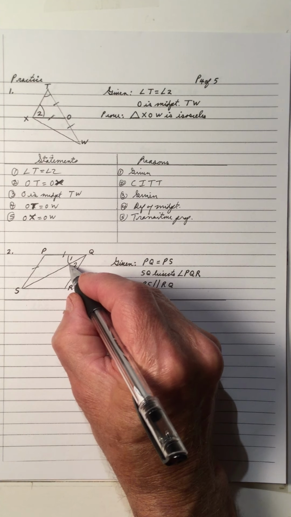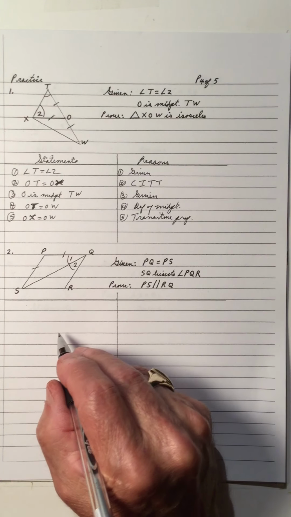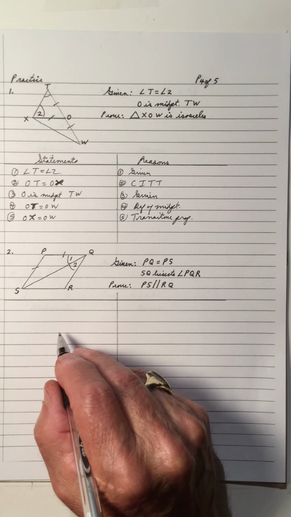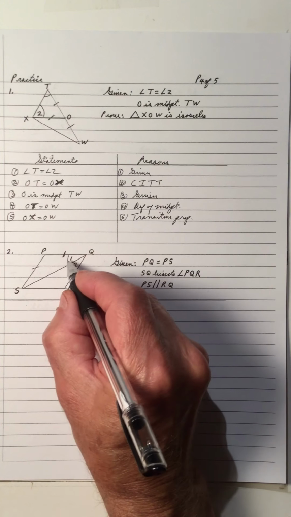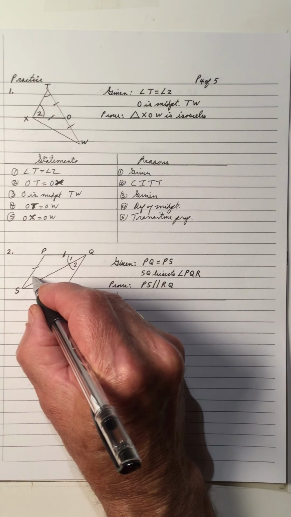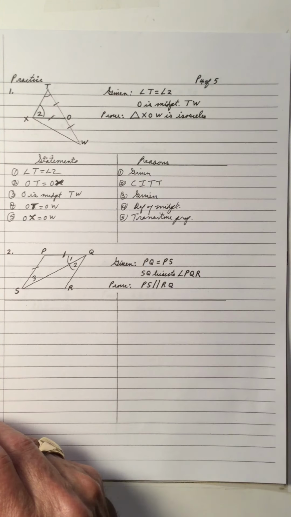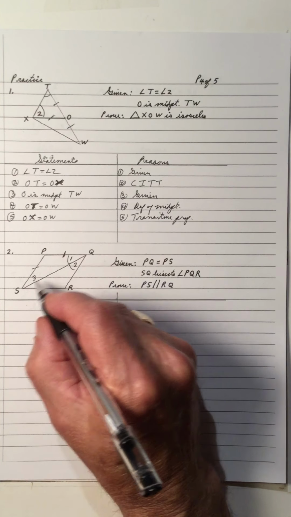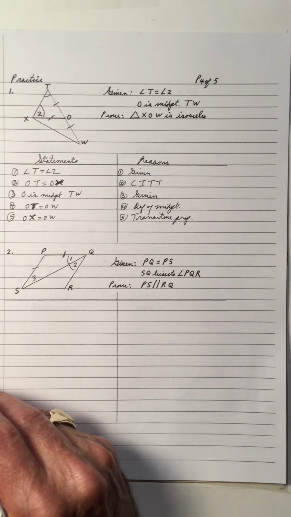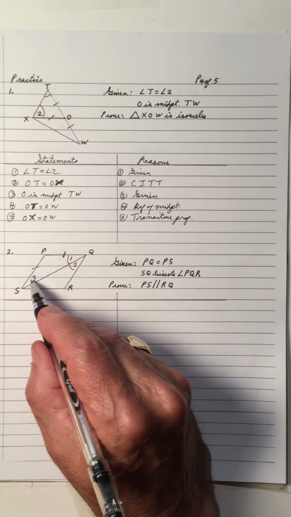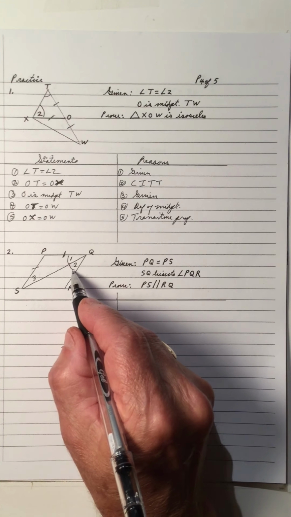So I have these angles equal because of the bisector. And how do we get the two sides equal? That means angle 1 is going to equal this angle here. Let's call it 3. Instead of going PSQ and PQS, use the numbers. So I got 1 equals 2, 1 equals 3. So that means 2 is equal to 3.